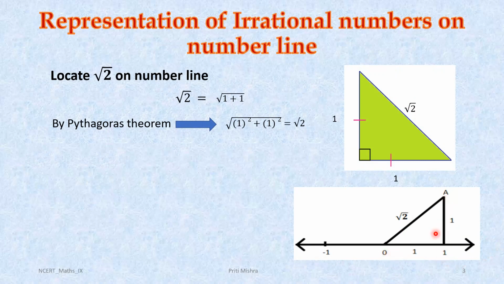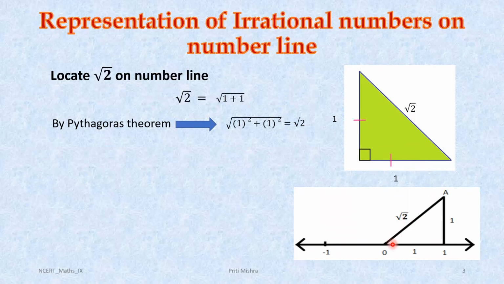This is the base of our right angled triangle. So this is 1 unit, then 1 unit perpendicular at the point 1, and by the help of the Pythagoras theorem we get the hypotenuse OA as square root 2. You can see these two triangles are similar here. This one is on the number line and this I have drawn to explain the concept.